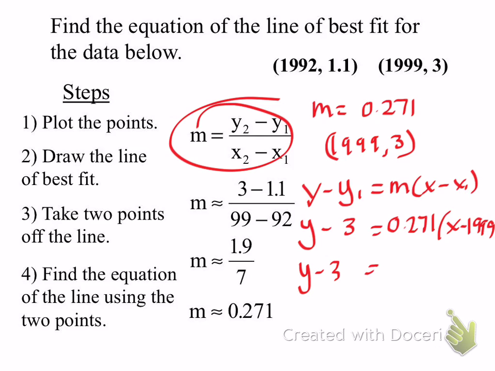Y minus 3 equals, at this point, I would use a calculator. The calculator is okay because I don't want you to waste your time doing 271 thousandths times 1999.